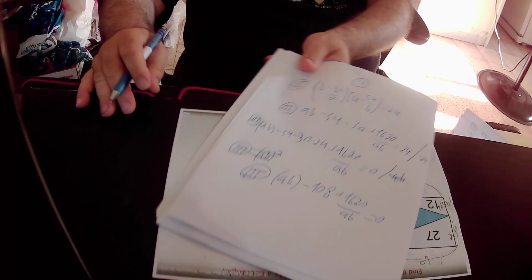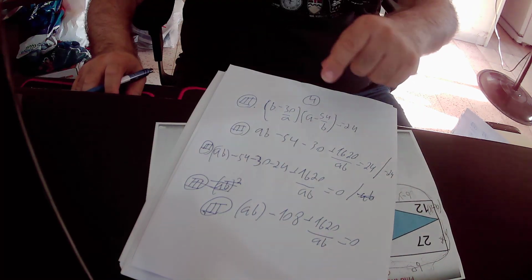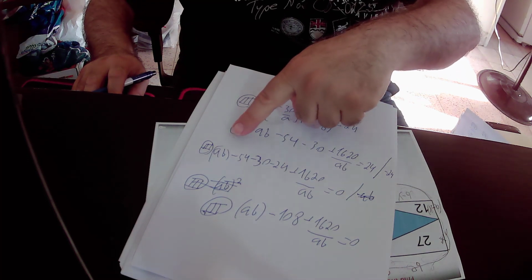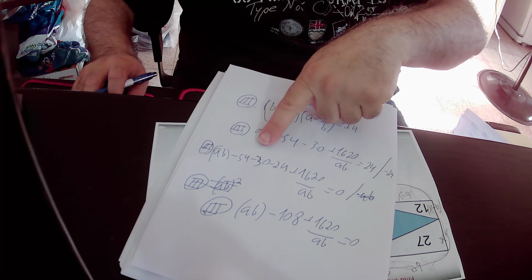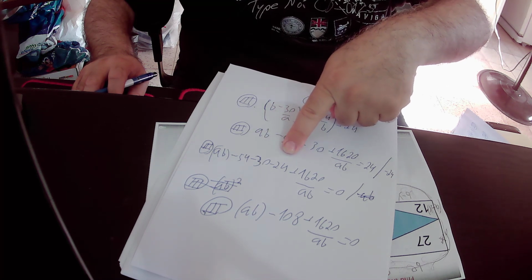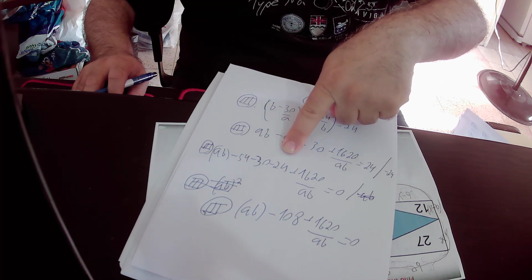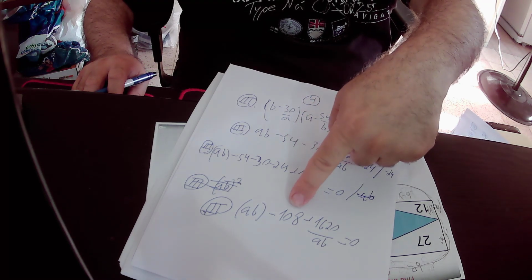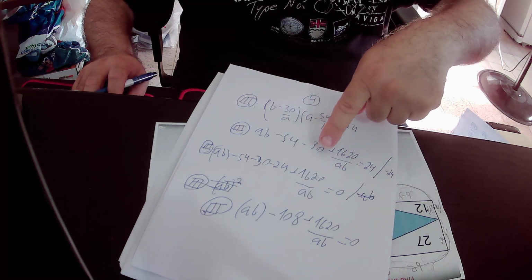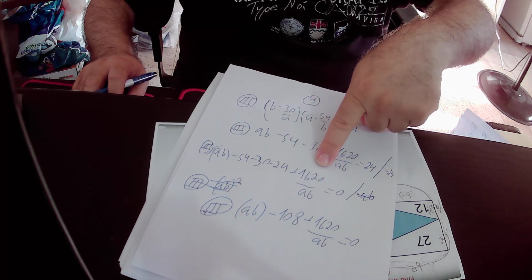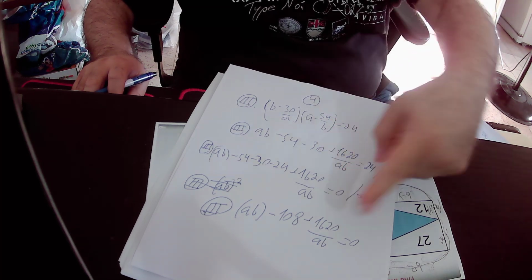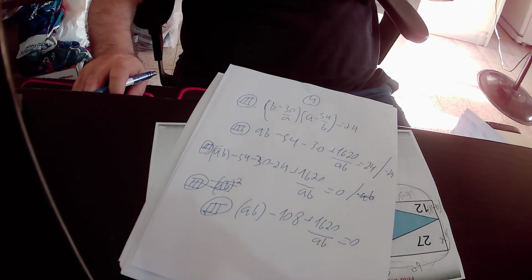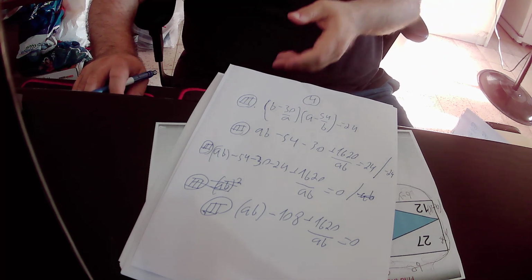So as you can see here, ab is ab, and negative 54, negative 30, and negative 24 equals negative 108. And here we have 1620 over ab, so we copied it here. Now we can multiply both sides of the equation by ab.